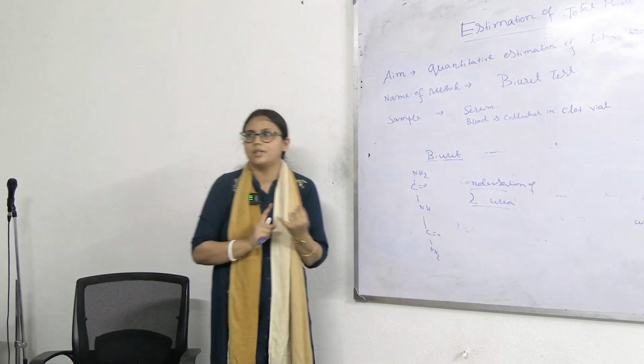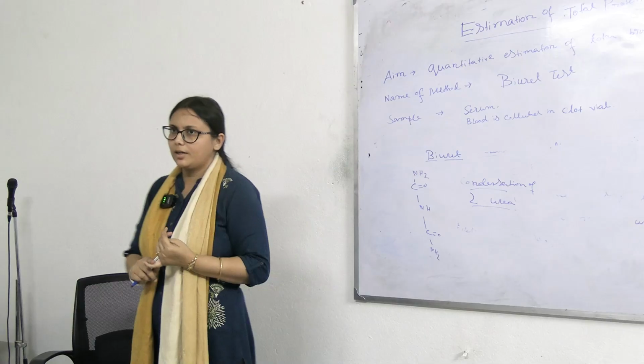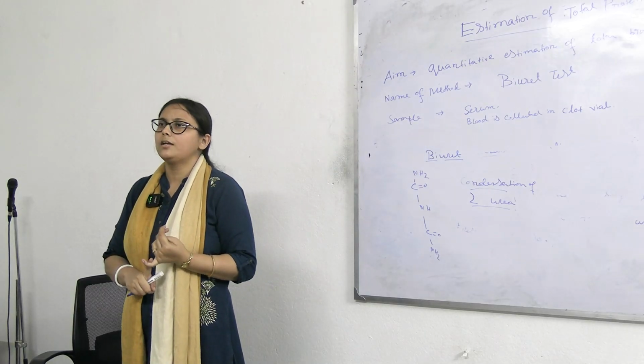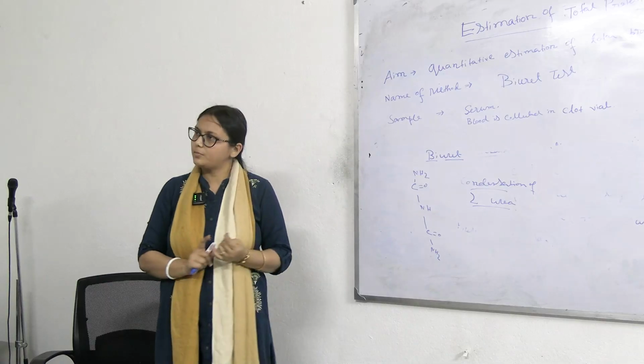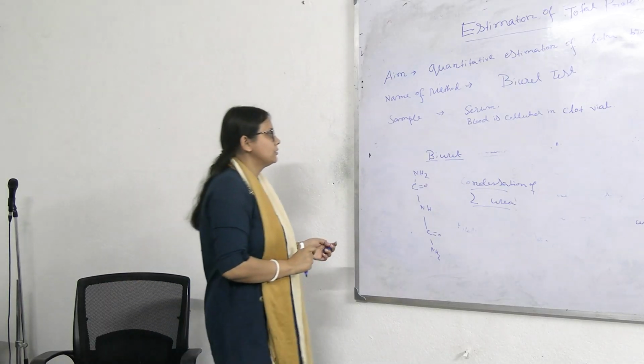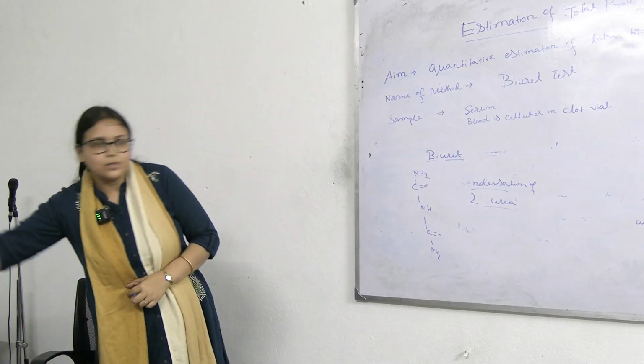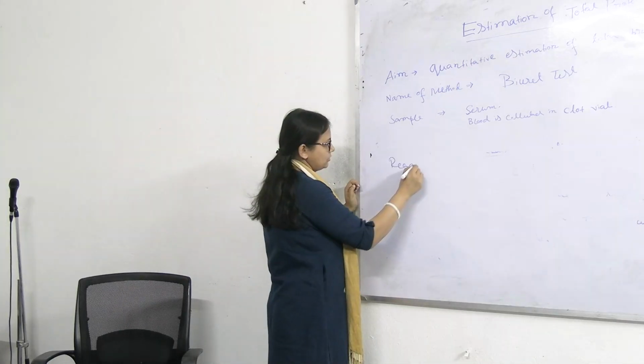So amino acid will give negative, dipeptide will give negative, from tripeptide onwards it will give positive. And biuret also gives positive. Now coming to the reagent.